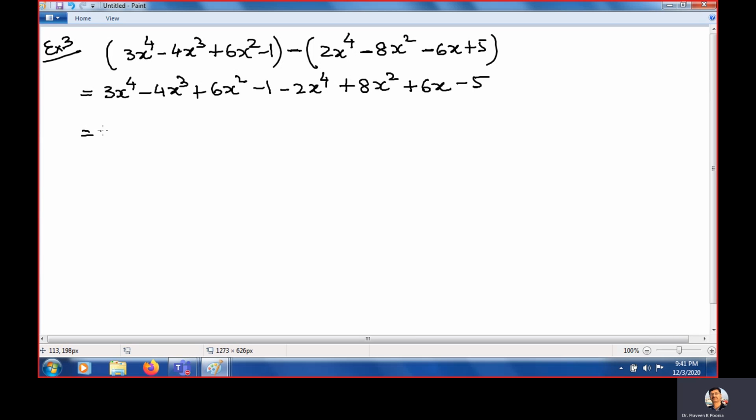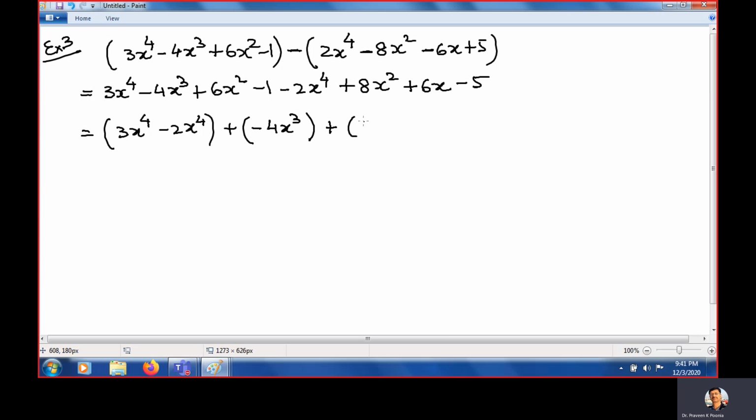Okay. Now join the same denomination terms: 3x^4 minus 2x^4, then minus 4x^3, and there is no other x^3 term, so it will remain a single term.